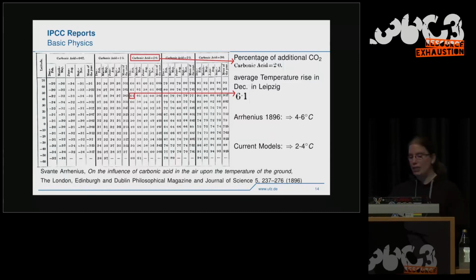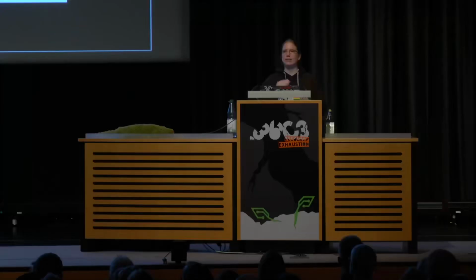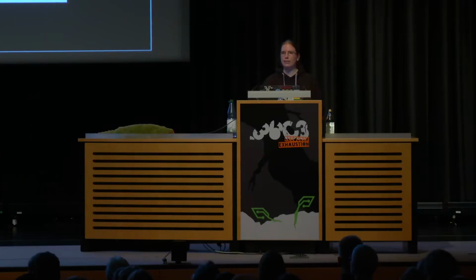Then the average temperature rise in Leipzig in December, I chose the region for Leipzig, would be 6.1 degrees. Well, that's probably a little high, but what we can see is already that Arrhenius back then already knew that there is seasonal impact on climate, climate change is seasonal and also spatial.